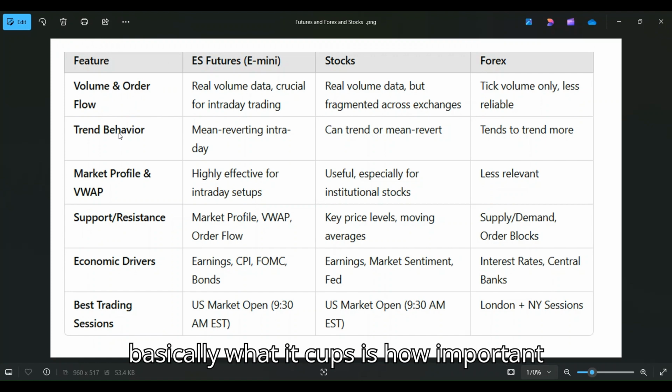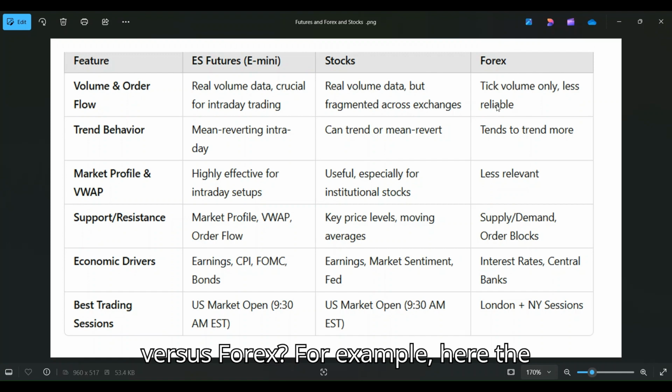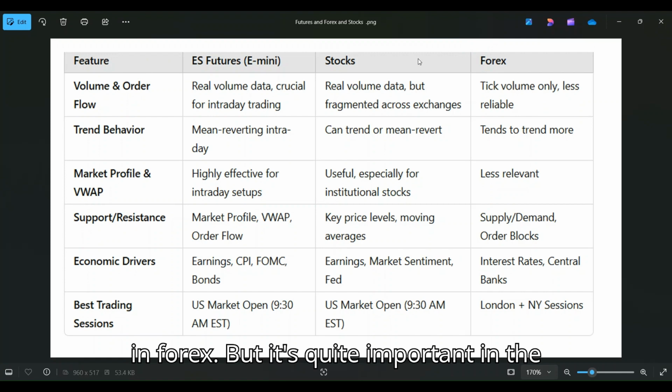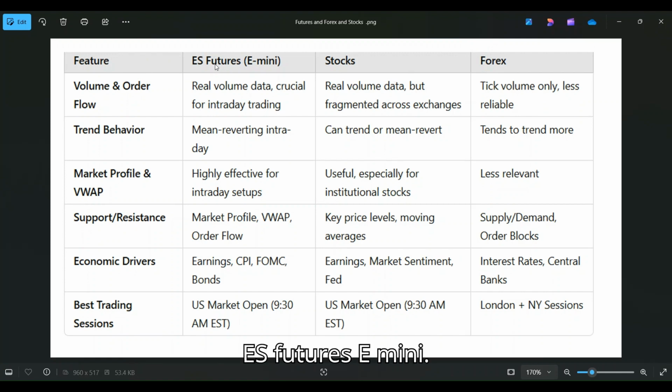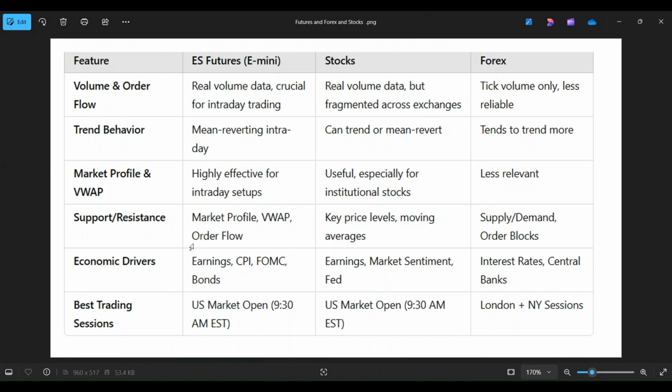It basically captures how important volume-based indicators are for E-mini futures versus Forex. For example, here the volume and order flow is less reliable in Forex, but is quite important in the ES futures E-mini. So why use volume-based indicators for day trading E-mini futures?